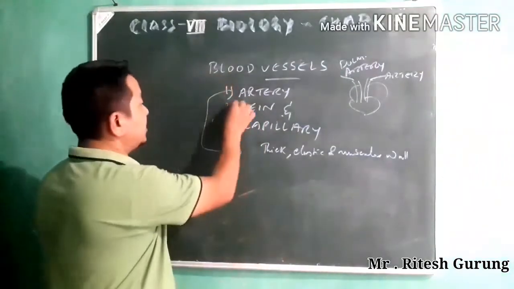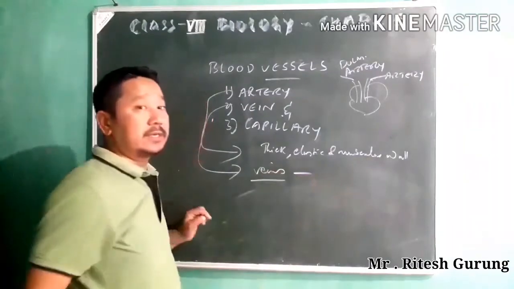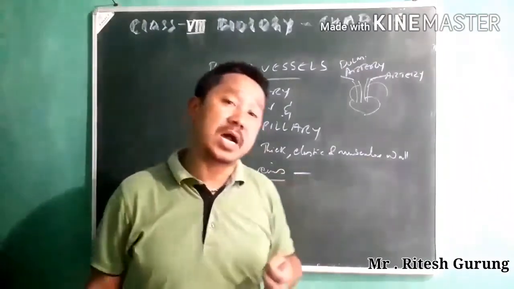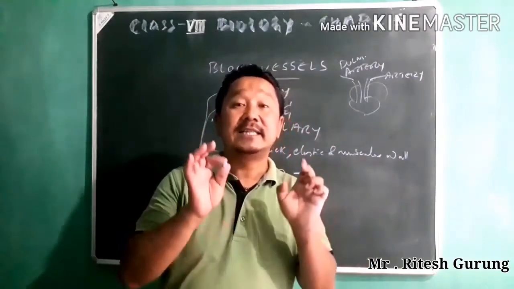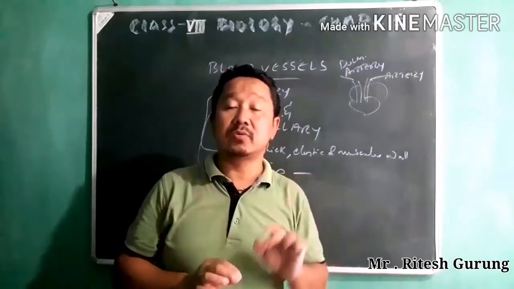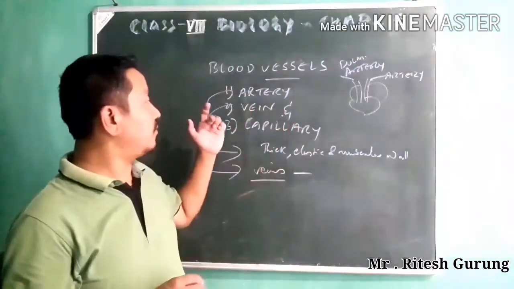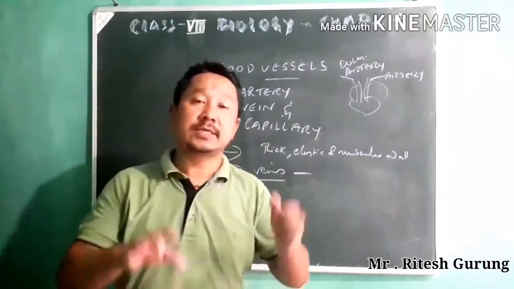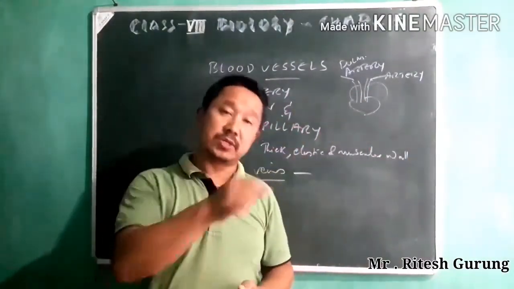Second, we have veins. Just contrary to arteries, veins have thin muscular walls with valves. The function of a vein is to carry the blood from different parts of the body to the heart.